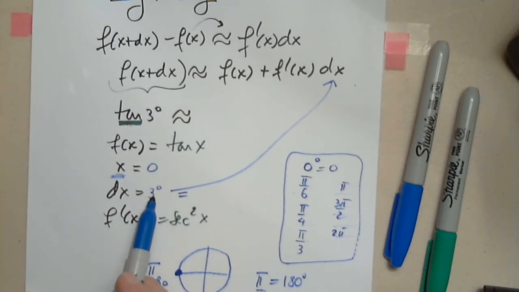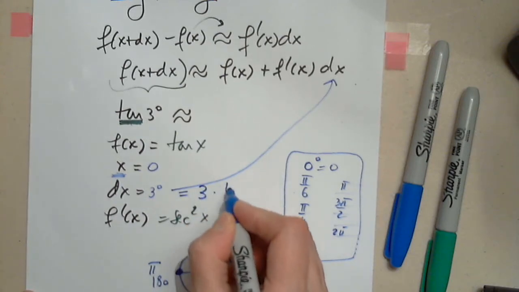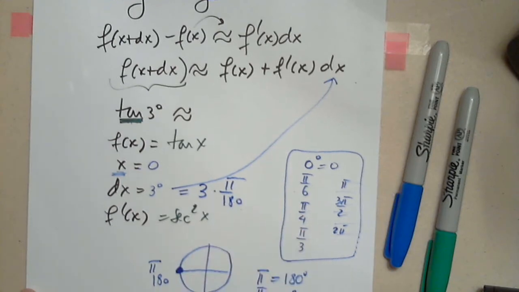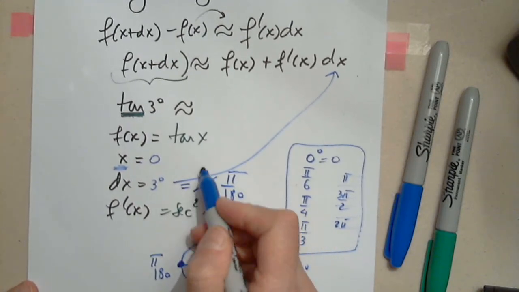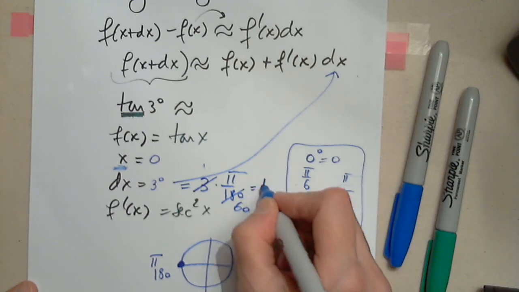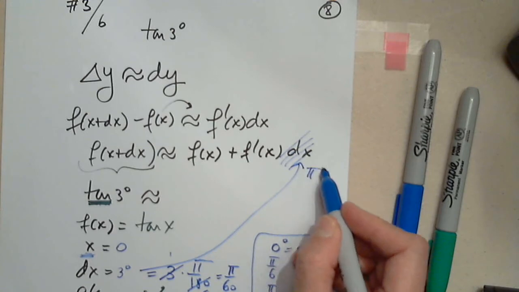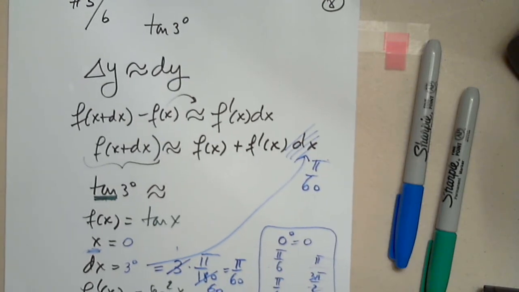So I cannot leave 3 degrees. I have to multiply it by 3 times 1, which means 3 times pi over 180. And I will have to simplify. So this piece will be pi over 60.